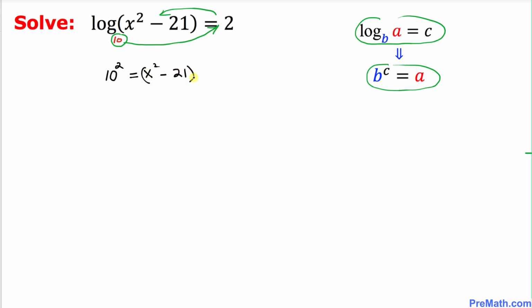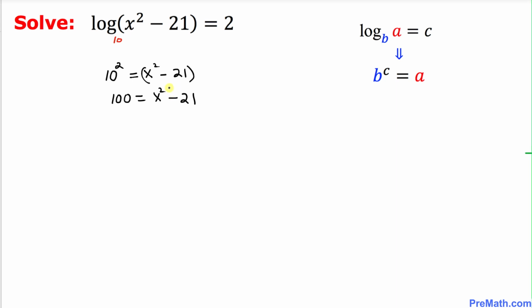All right. So let's go ahead and simplify. 10 power 2 is 100 equal to x squared minus 21. Now let me isolate this x squared by just moving negative 21 to the other side. So we are going to have 100 plus 21 equal to x squared, or I can write x squared equals 121.